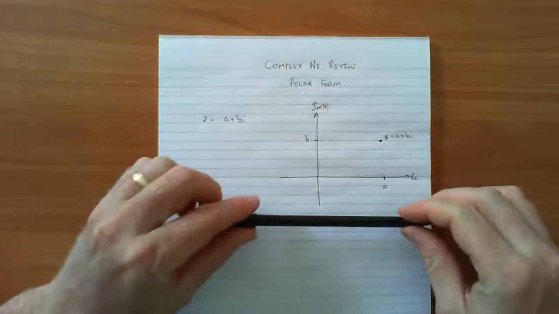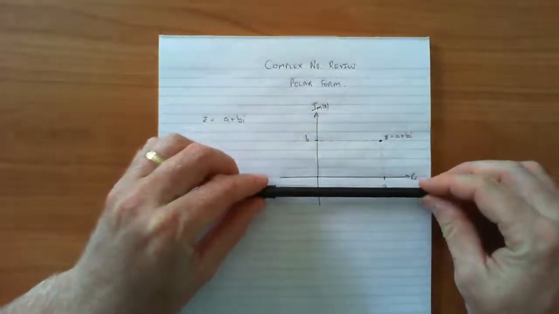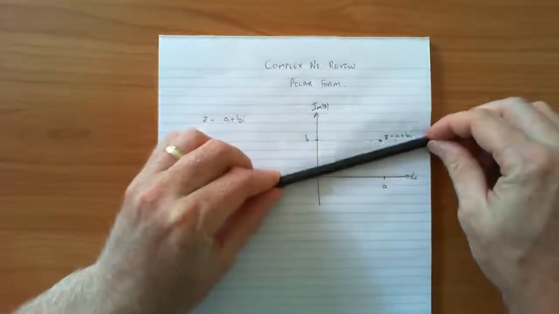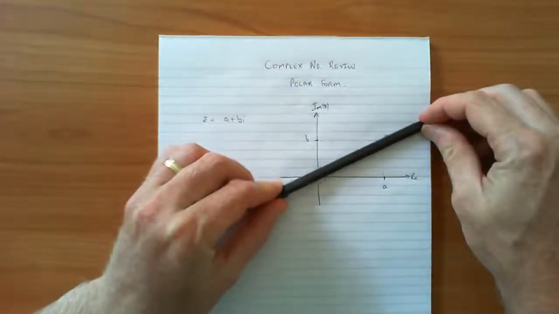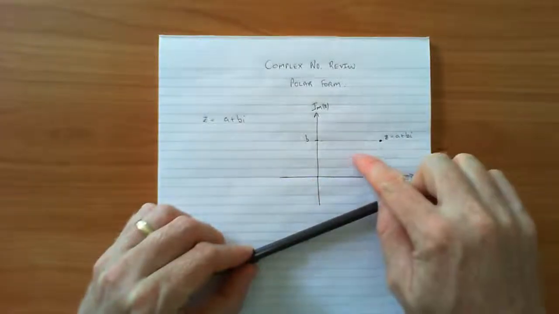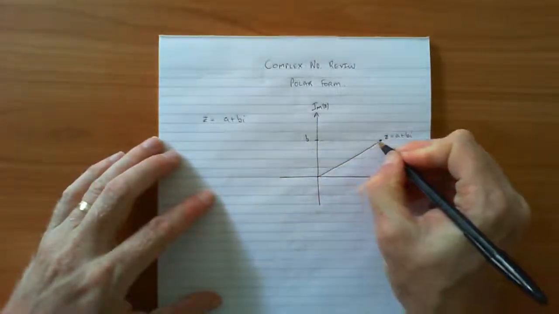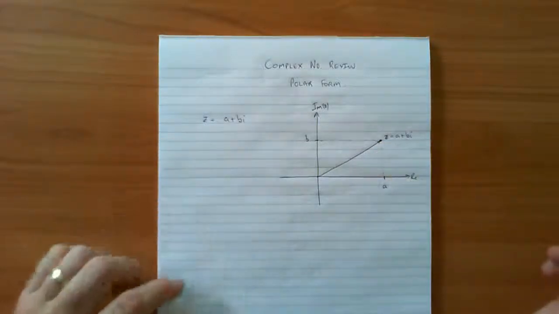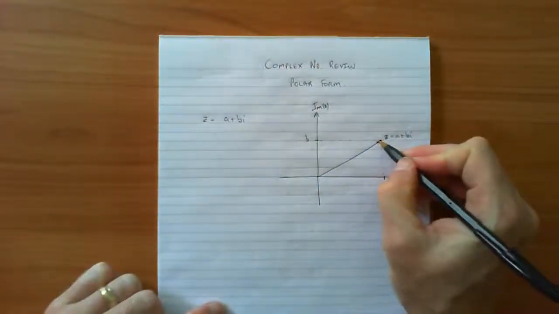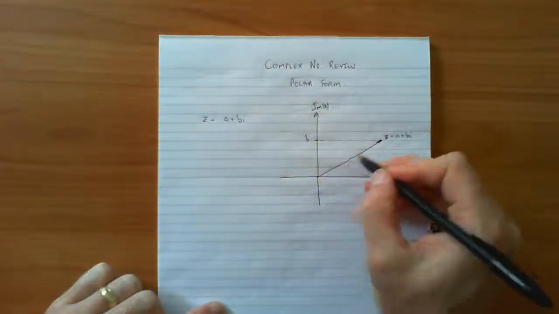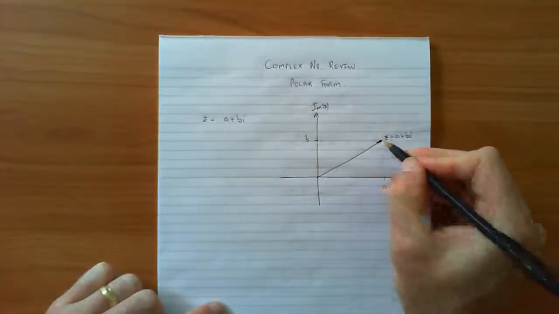So if I was facing in the direction of the real axis, I could be told turn so many degrees this way, anti-clockwise, and then walk a particular distance, I would get to z. So let's just draw that line in as how I would get there. That line there is the direct line from the origin out to that complex number.